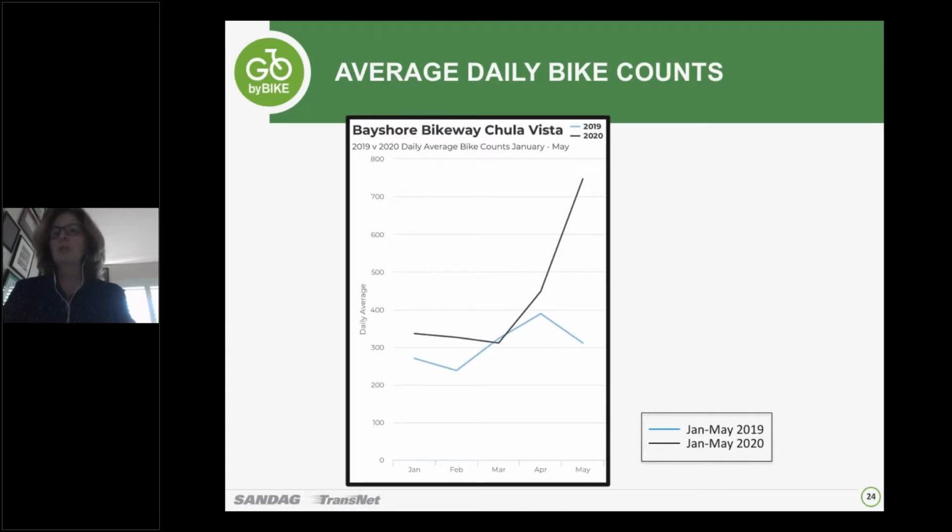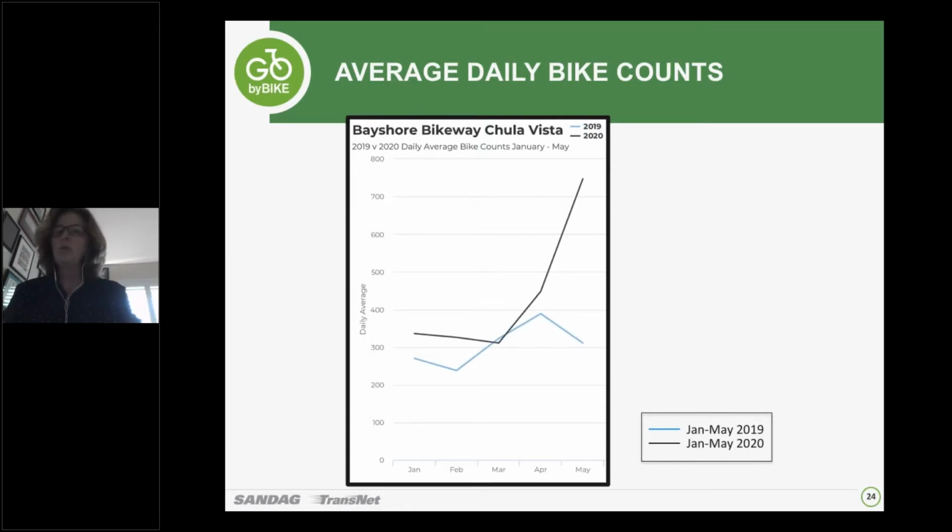And what each of these charts show you is it compares basically this spring to last spring, and the impact of us all being at home, not driving as much, but getting out using our bikes is having on our region. So the blue line is January through May of 2019, and you can see that this is a daily average of that bikeway segment.